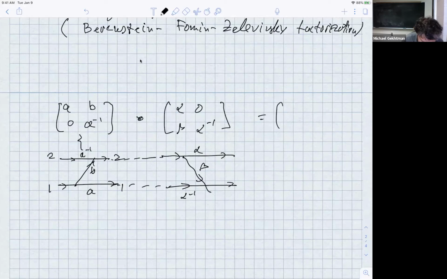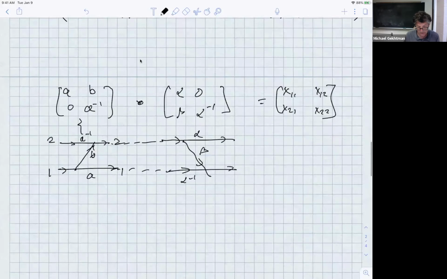Let me write it like this: x11, x12, x21, x22. And here it's slightly more interesting, because I can actually compute this product using my pictures as well. Sorry, this should have been the other way around.